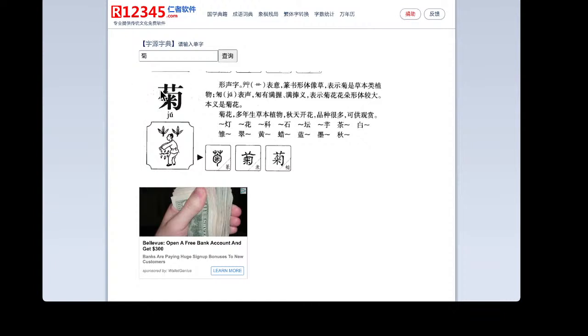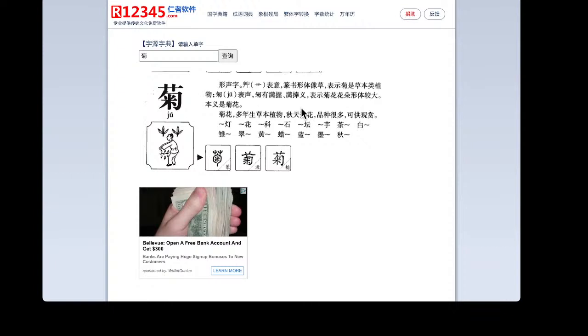Now this thing is, you see, it's the grass radical on the top, and then the bottom part of the 菊. This part has the meaning of like a full palmful, handful. Okay, that kind of meaning.